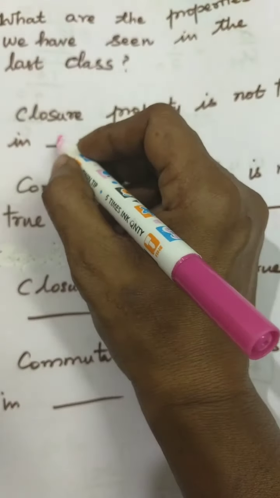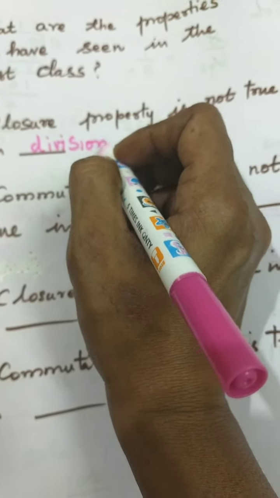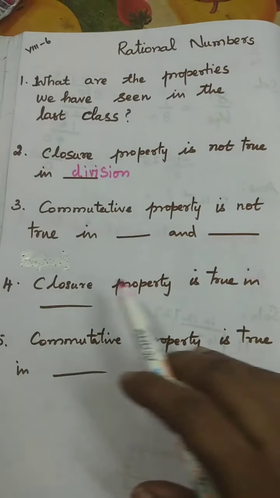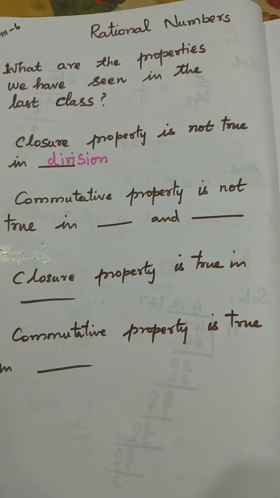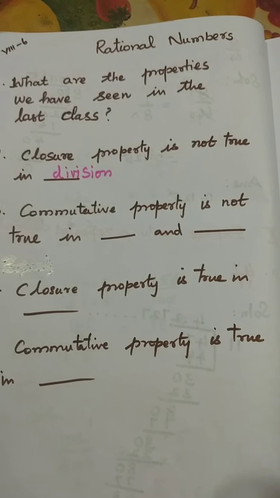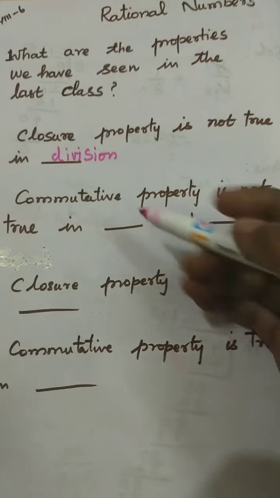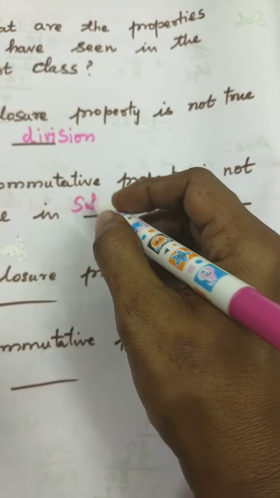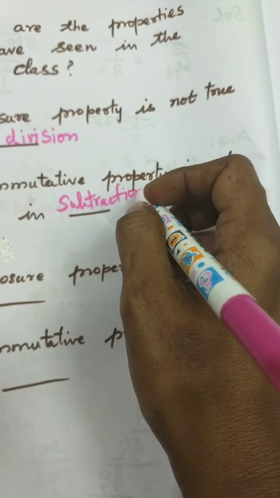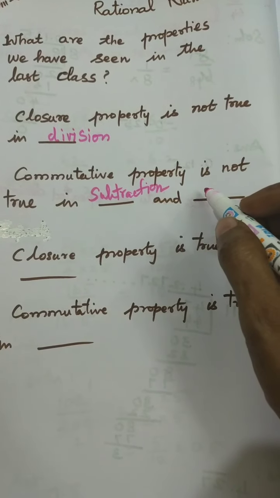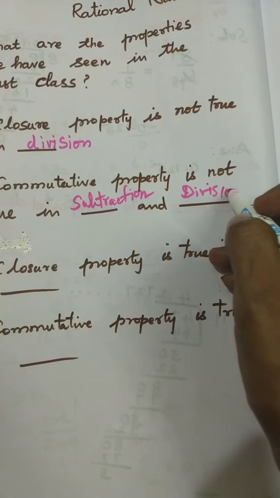Yes, the closure property is not true in division. Next, in which operations is the commutative property not true? Yes, subtraction and division.